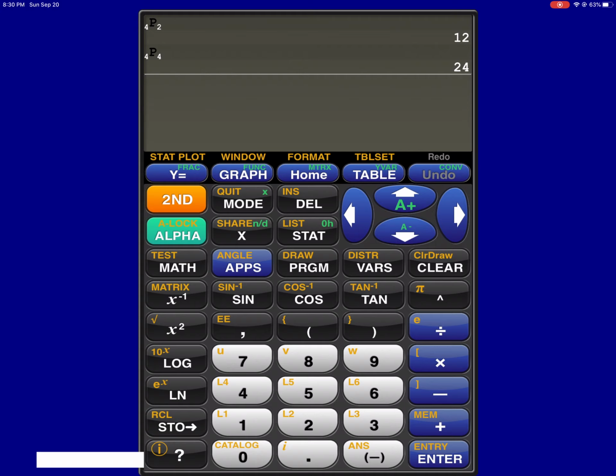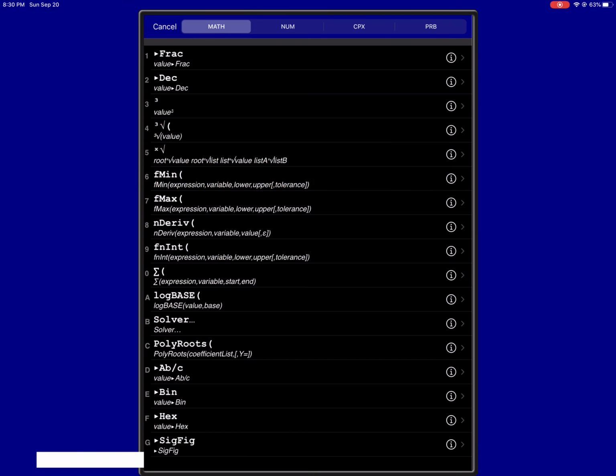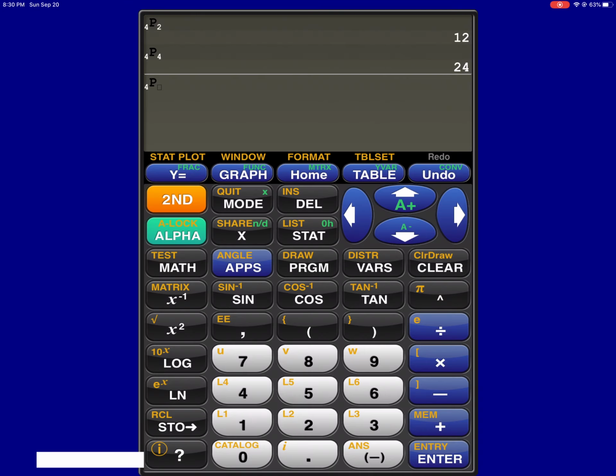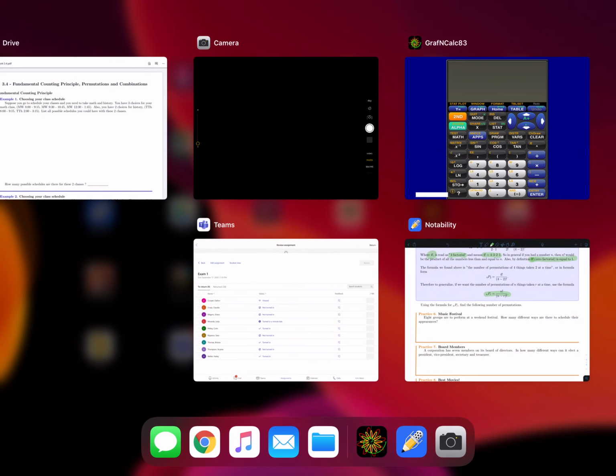So if you put in something like 4 nPr 5, that's an error, because there's no way to choose 5 things if you only have 4 total to go with. We'll come back to that in a second.